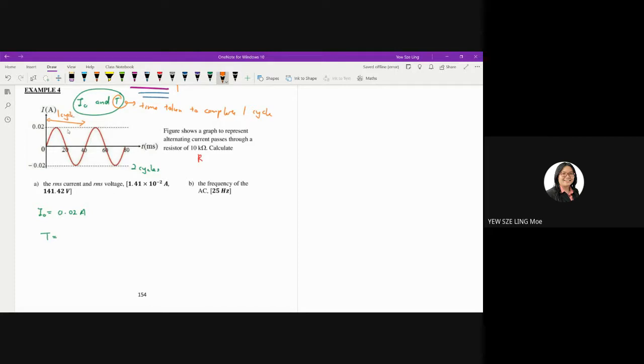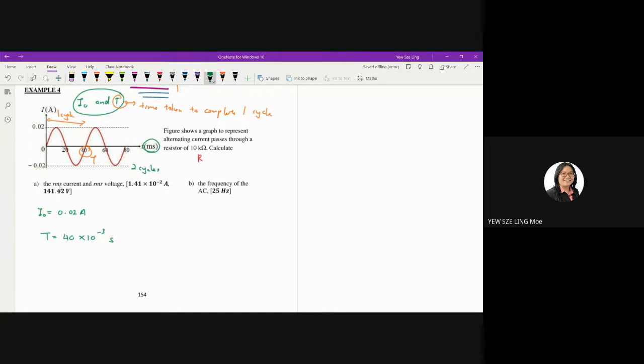That means 40 is the period. So T equals 40, but check the unit. It's not second, but millisecond. So 40 times 10 to the power of -3 second. So from this graph, the information that I can extract is I peak equals 0.02 ampere, and the period equals 40 times 10 to the power of -3 second.